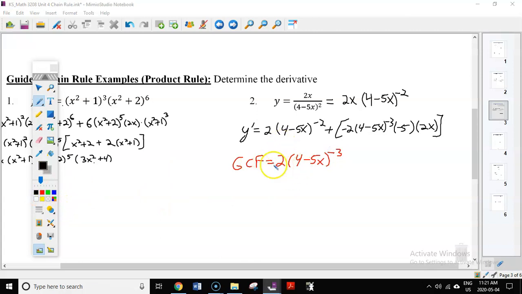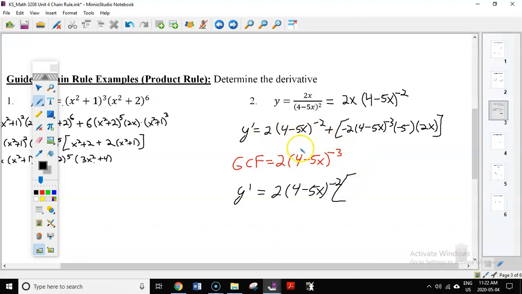When we do that, we take each of the larger terms now, so this whole term here divided by the GCF would leave me with the GCF in front.